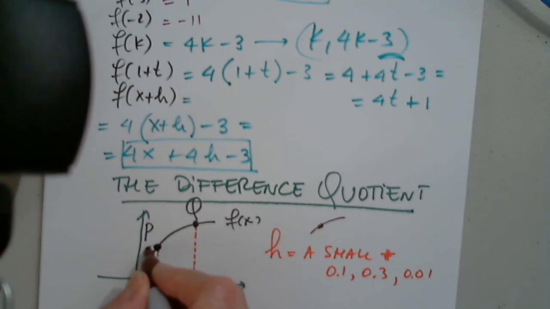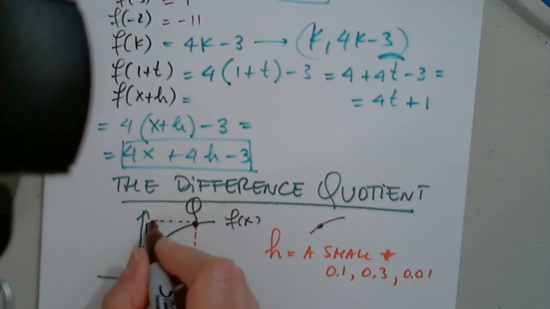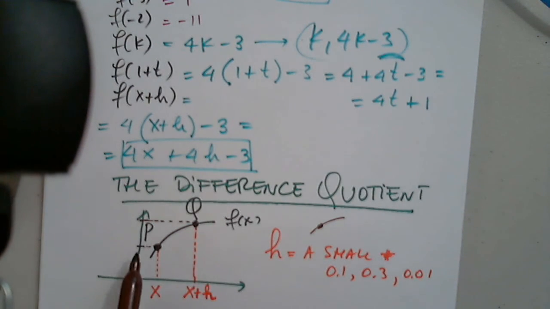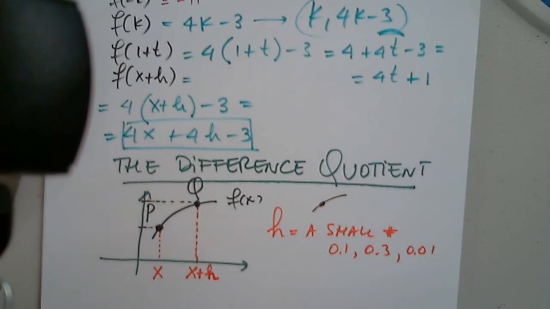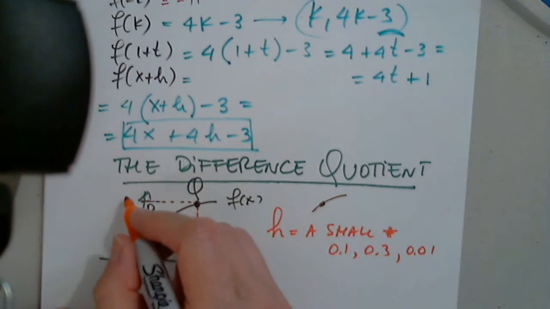Now, can anyone give us the y-coordinates? The y-coordinate for P and the y-coordinate for Q. Say the y-coordinate for P is just y, and the y-coordinate for Q is y plus another small number. You are right about y, but I don't want y.